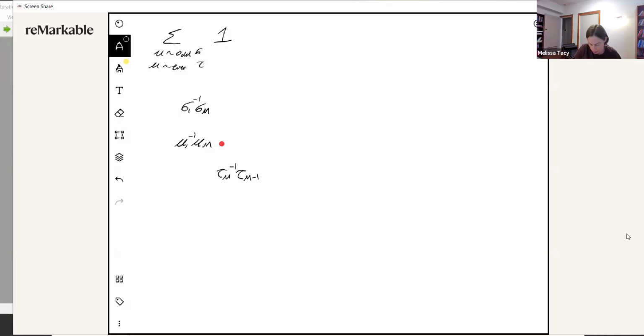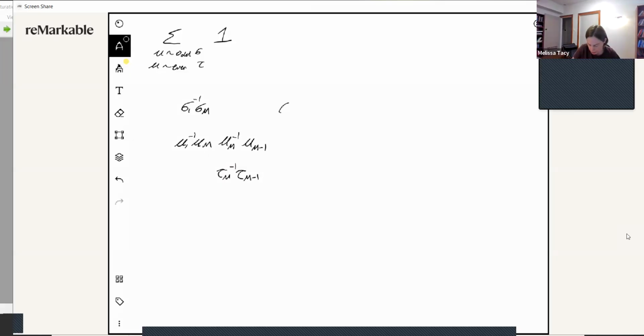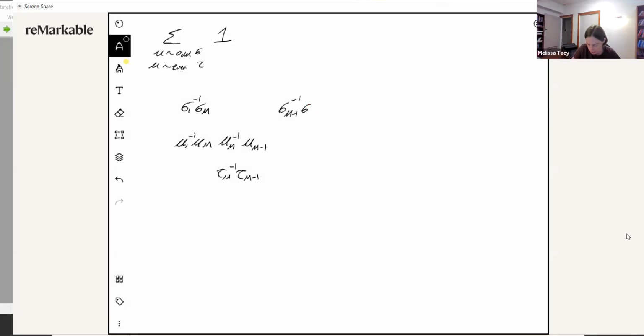This has to be equal to mu m inverse mu m minus 1. Okay, so this is my necessary condition coming out. Then I have my sigma m minus 1 inverse sigma m minus 2.